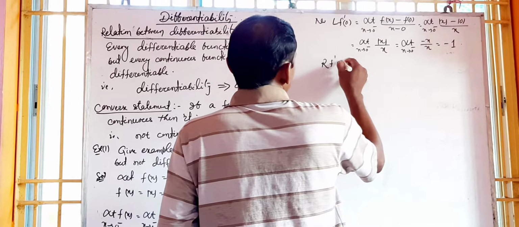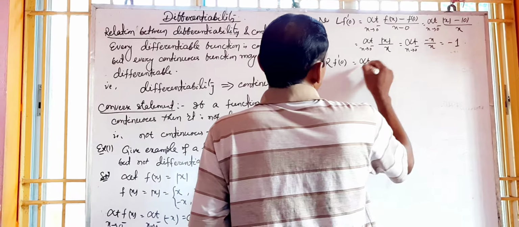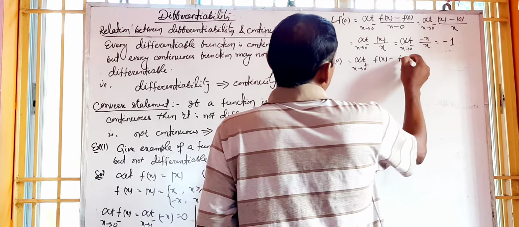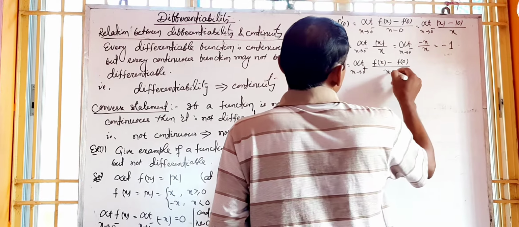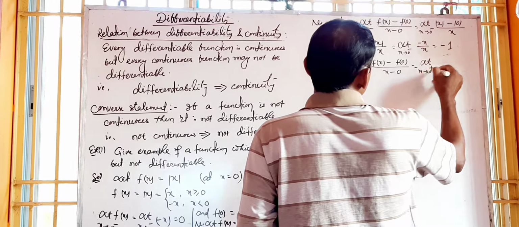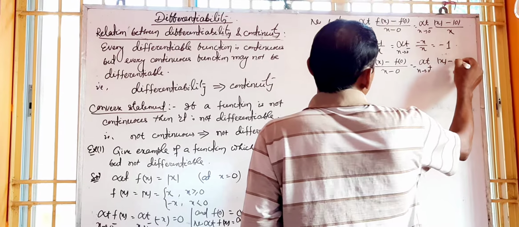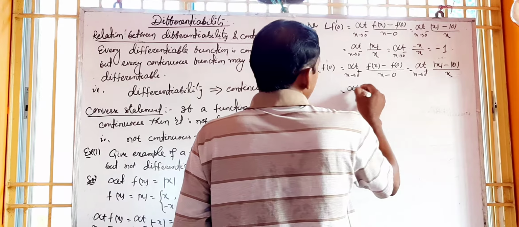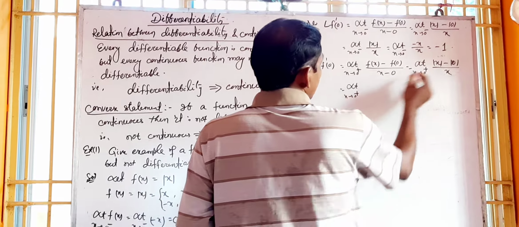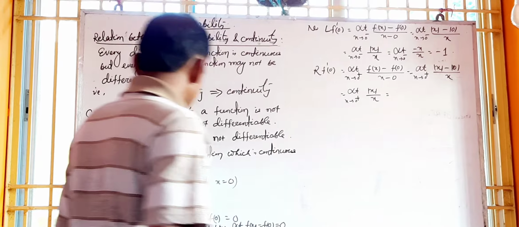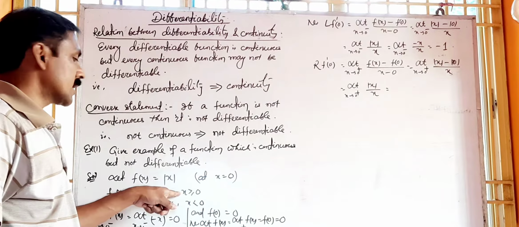Again, right hand derivative: limit x tends to 0 plus of f of x minus f of 0 by x minus 0. So it is limit x tends to 0 plus of mod x minus mod 0 by x, that is limit x tends to 0 plus of mod x by x. Now mod x is x when x is positive.